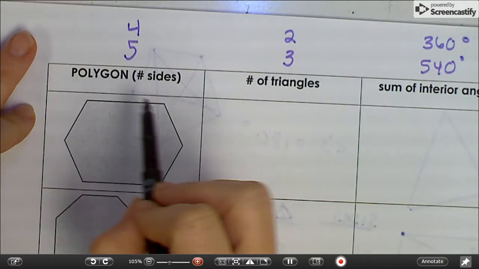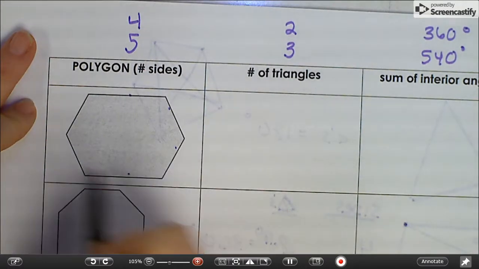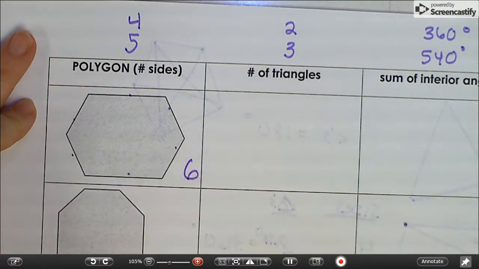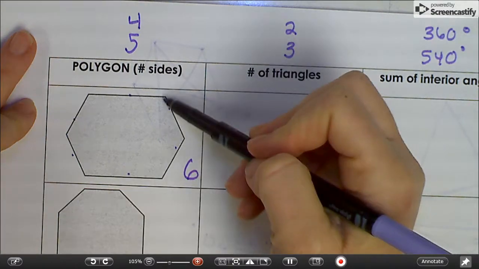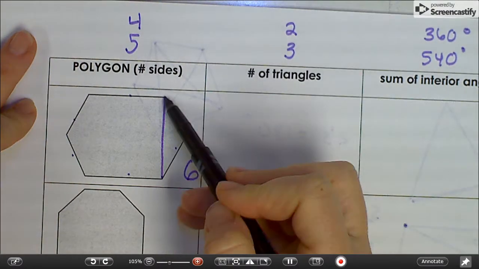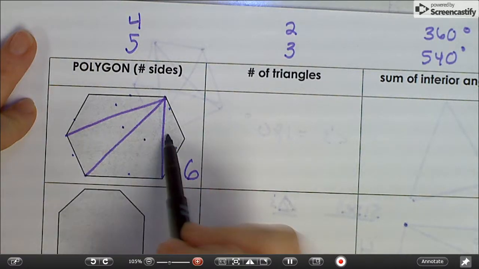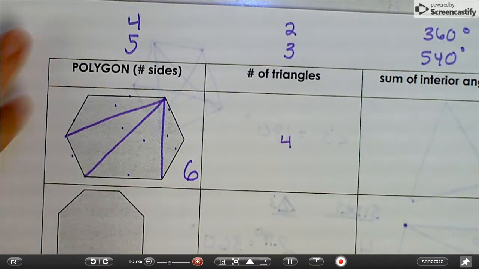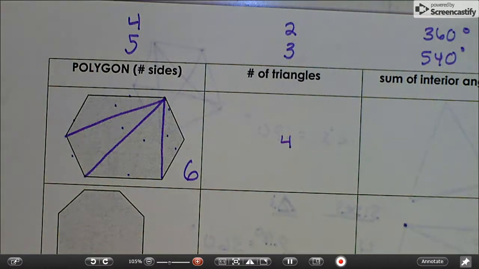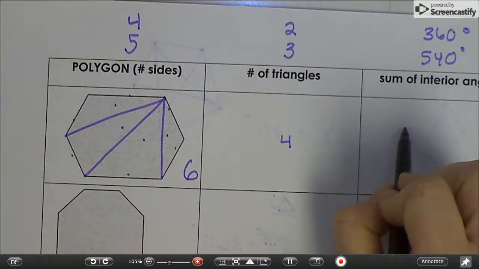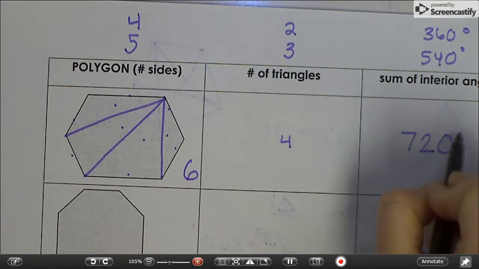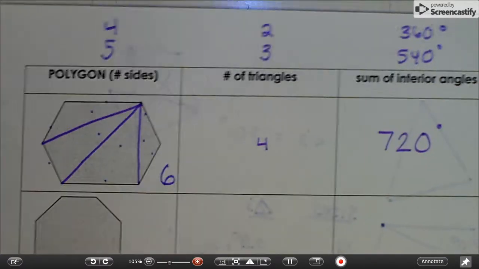This one has 1, 2, 3, 4, 5, 6 sides. And let's triangulate it. 1, 2, 3, 4 triangles. Each triangle has 180 degrees, so this hexagon has 720 degrees. That's the sum of the interior angles.